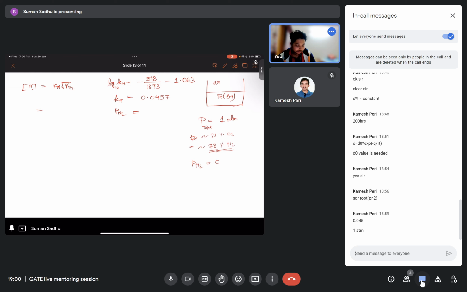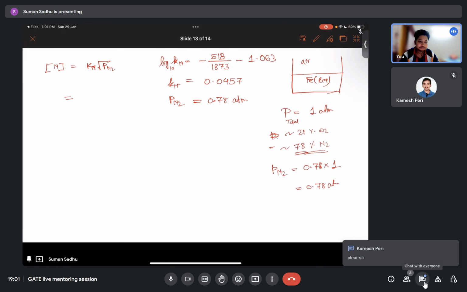Mole fraction into your total pressure, it will be 0.78. Okay, so now you know the partial pressure of nitrogen. Is it clear why the partial pressure of nitrogen is 0.78 atmosphere?